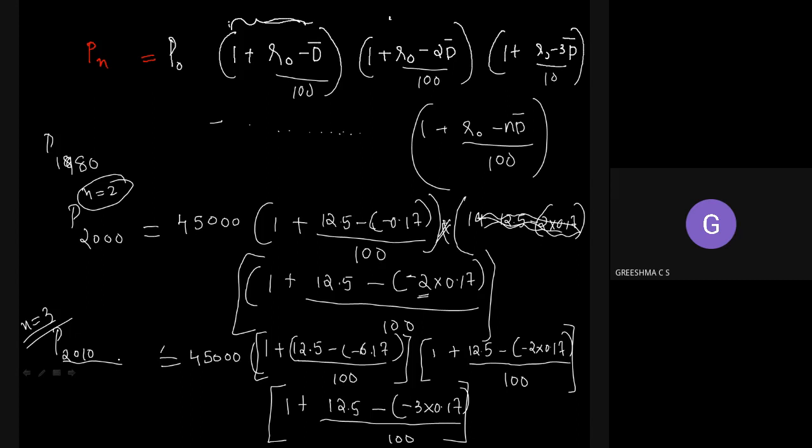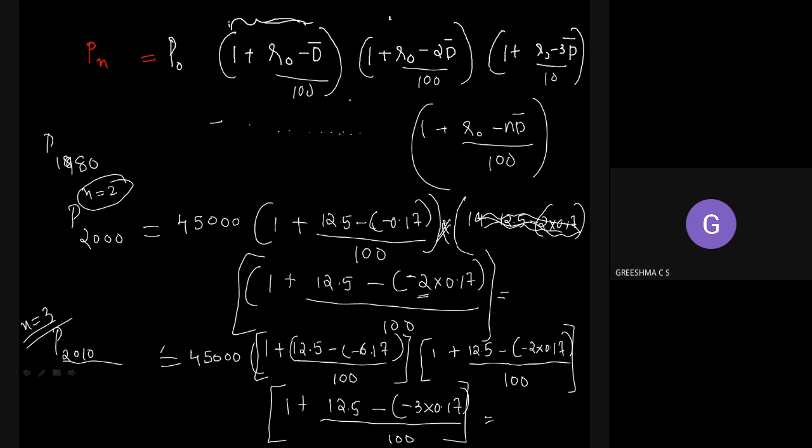Tell me how much you're getting for the population for the year 2010 and also for the year 2000. Is it clear? Are you having any doubts? When Pn is with n equal to 3, the term 1 plus R0 minus D dash divided by 100 has to repeat 3 times. When n is equal to 2, the term has to repeat 2 times.